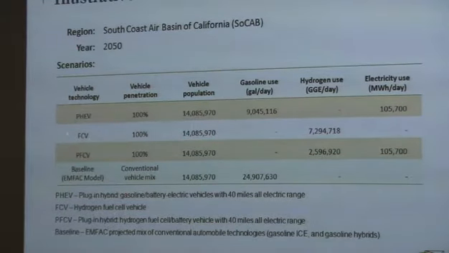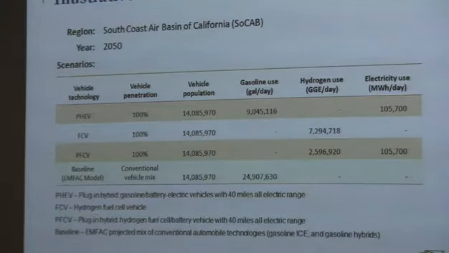There is also the fuel cell vehicle, which is a purely hydrogen fuel cell, and then there is the plug-in hybrid, which uses hydrogen plus electricity. So the first 40 miles, just like case one, it's electricity. After you run out of that energy, you switch to hydrogen. And of course, we have a baseline, which is the vehicle fleet that only uses gasoline.